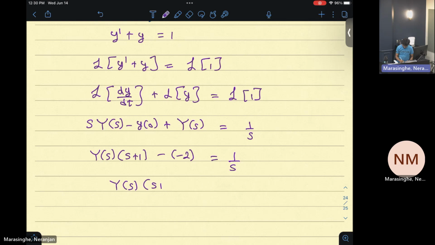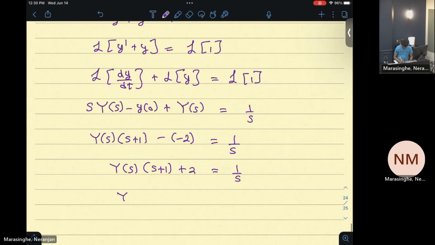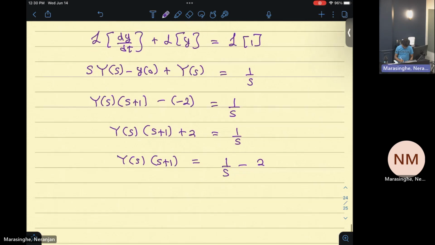Y(s)(s + 1) + 2 is equal to 1/s. Then I would take 2 to my right hand side. Y(s)(s + 1) is equal to 1/s - 2. Then divide both sides by s + 1. Then I would get Y(s) is equal to 1/(s(s + 1)) - 2/(s + 1).